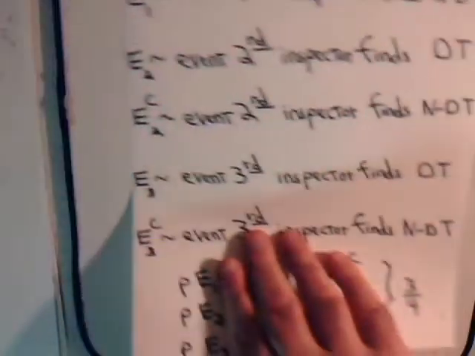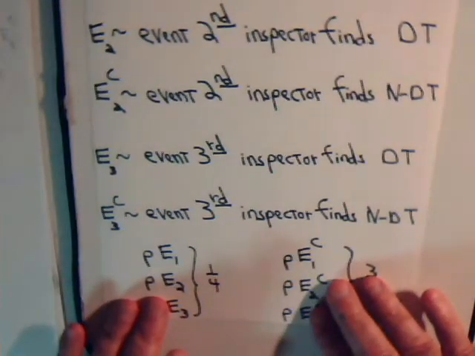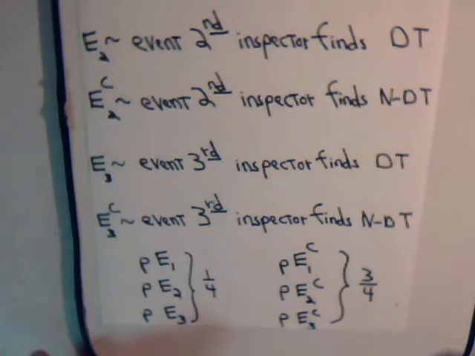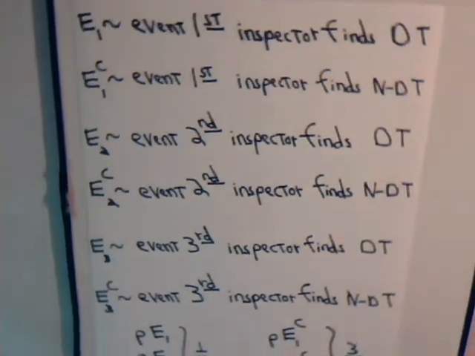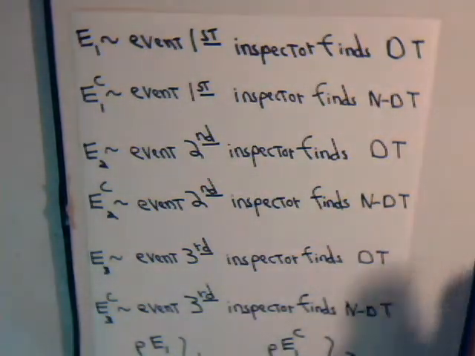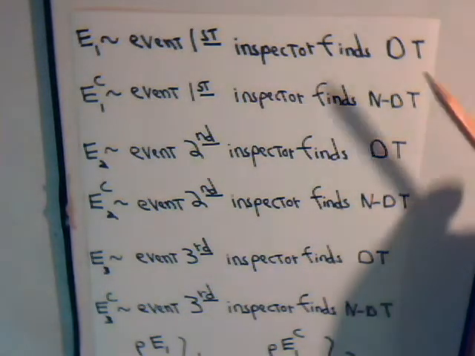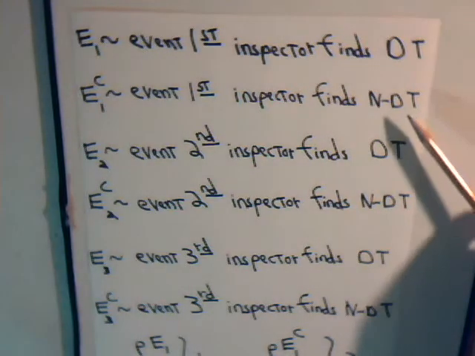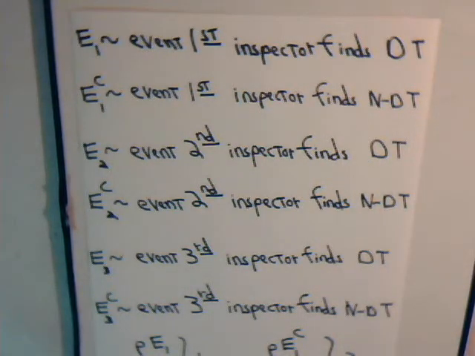Our problem can be summarized like this. Event E1 is the event where the first inspector finds a defective transistor. The complementary event, E1C, is where the first inspector does not find a defective transistor.